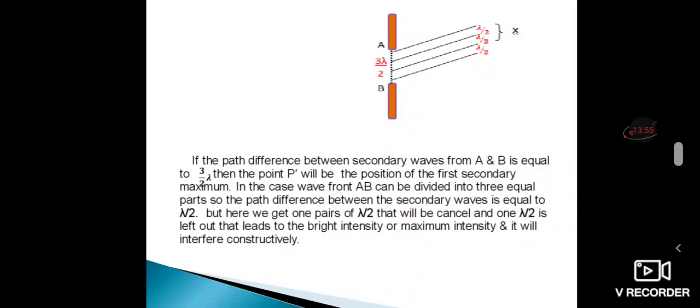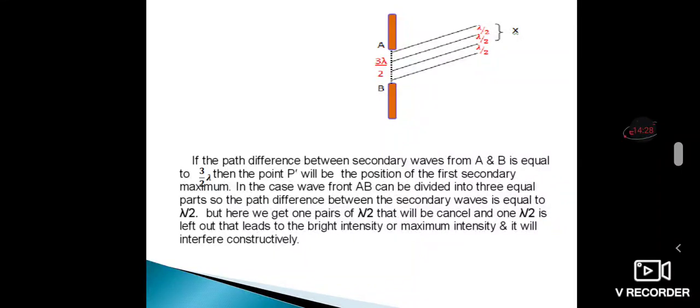In this case the whole wavefront AB is divided into 3 equal parts, so the path difference between the secondary waves is equal to lambda by 2. In the diagram you observe 3 lambda by 2, which means the wavefront is divided into 3 parts, each lambda by 2. The first lambda by 2 is cancelled with the second one, as pairing takes place.